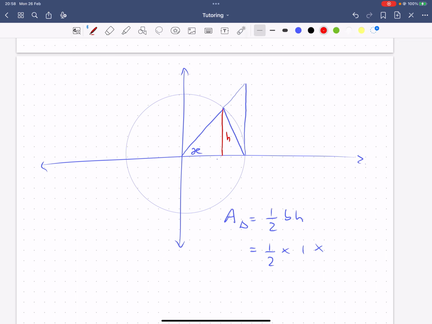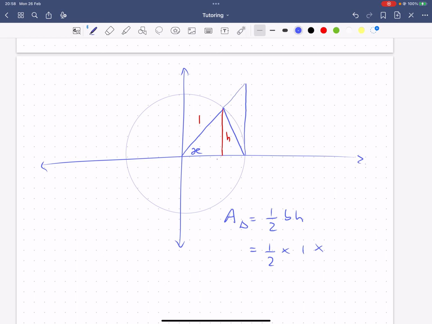We're thinking, okay, how can I find the height of this triangle? Well, I know this is a unit circle, so this is a radius of 1. And the angle of this triangle is x. We've defined that this triangle and this sector of this circle have an angle of x, because this can represent any angle, so we're just going to call it x.